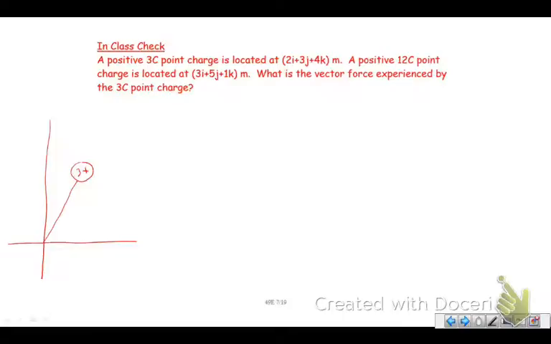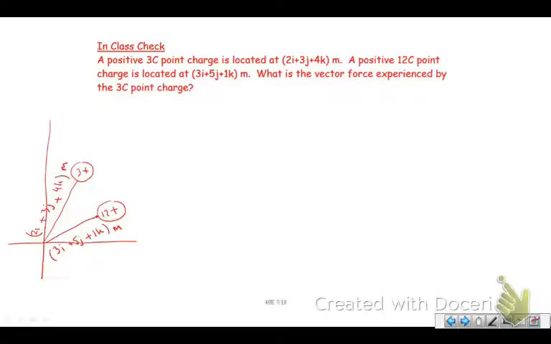This here is 2i plus 3j plus 4k meters from the origin. And this guy, which is 12 coulombs positive, is at 3i plus 5j plus 1k meters.